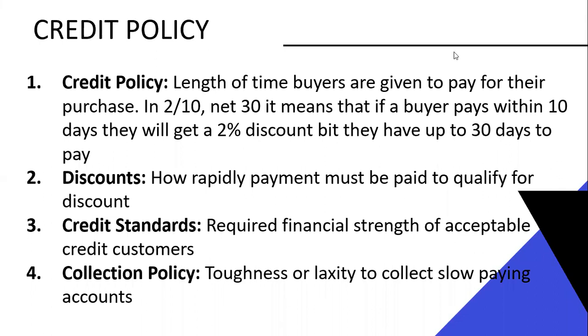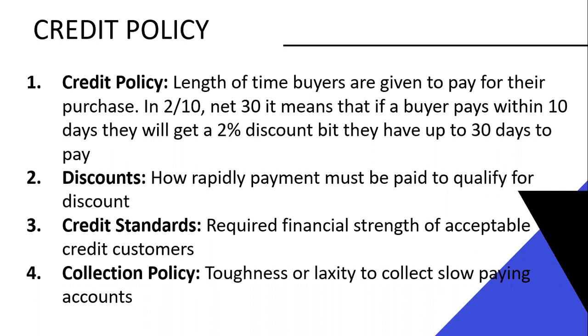Now, every company has different credit policies, but it is important for us to touch a little bit on various types of credit policies that companies have. So what is a credit policy? Well, credit policy is the length of time buyers are given to pay for their purchase. You'll see many times terms such as 2/10 net 30.